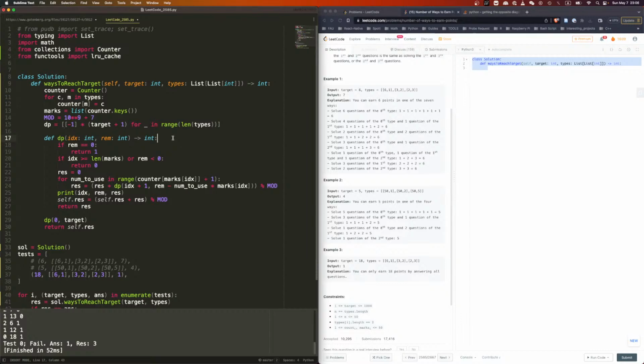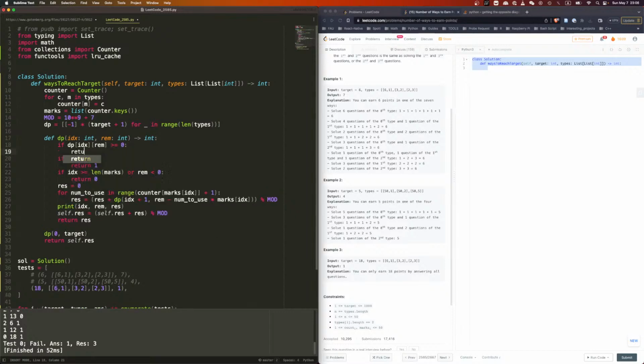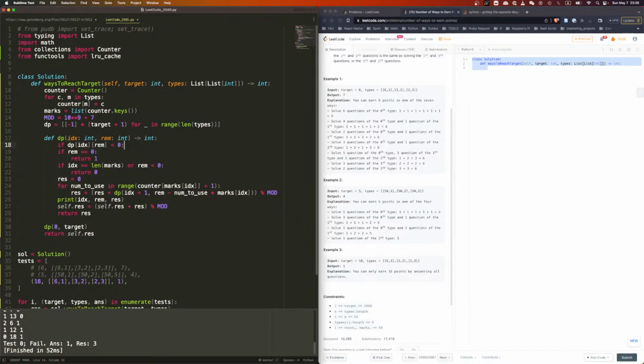All right, so if remaining is 0, okay, then we will set, okay, first of all, if dp index rem is larger or equal to 0, return dp. Okay, I can do if this is smaller than 0. Okay, then we do all of these things.